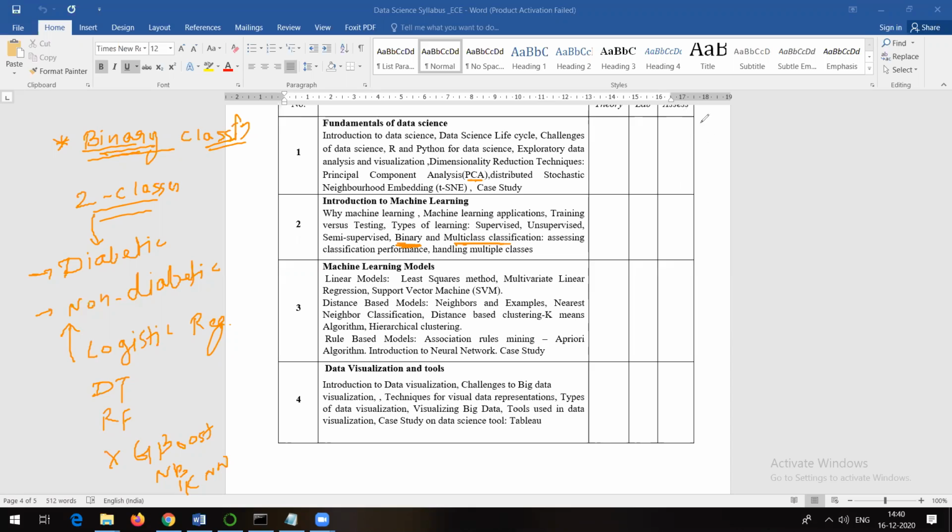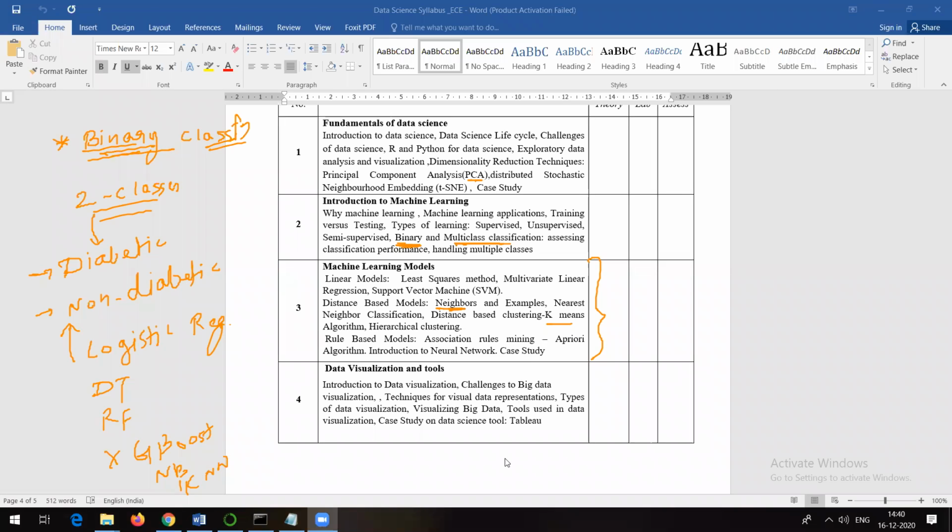Maybe if we get time, or maybe in the third unit, we will try to develop some models. We have a topic called decision tree, KNN, and the K-means algorithm, right? Here we will see one classification problem where I have a data set ready. Let me show you the data set itself.